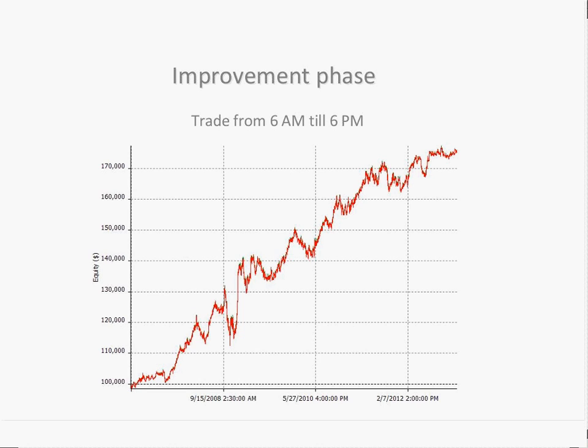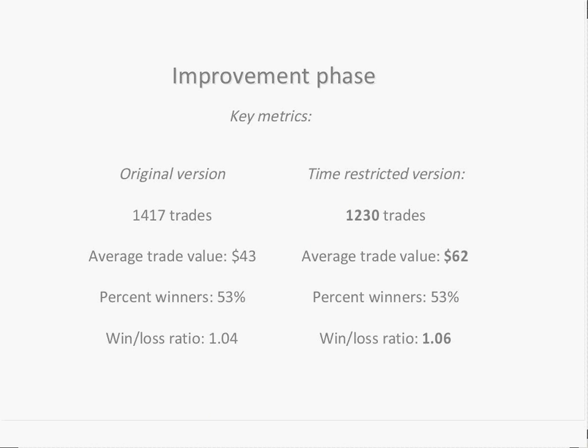Look at which year it happened. It becomes obvious why it happened during that time. The visual representation of this equity curve becomes slightly better, but let's look at the key metrics, because they are the real answer.